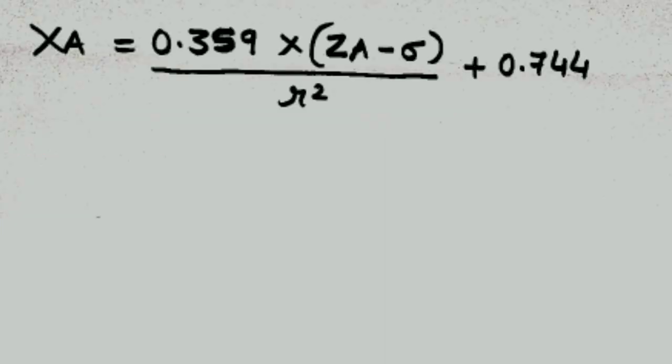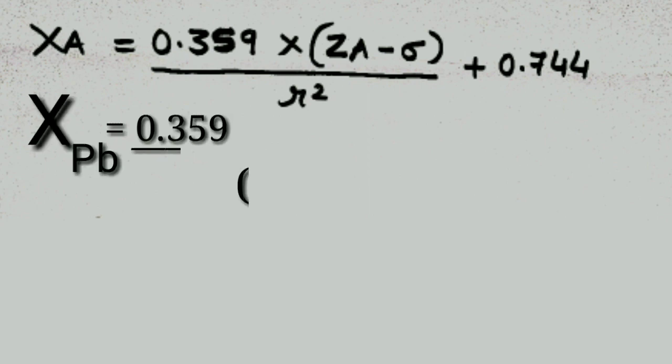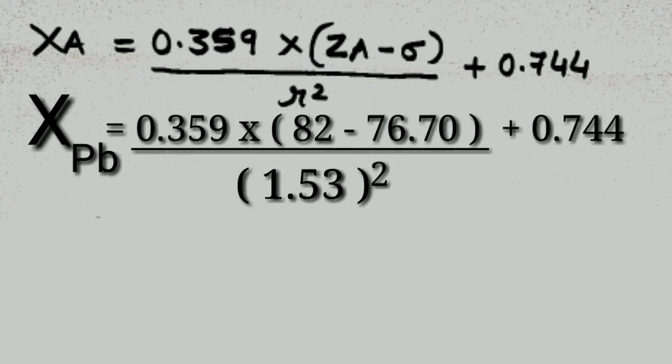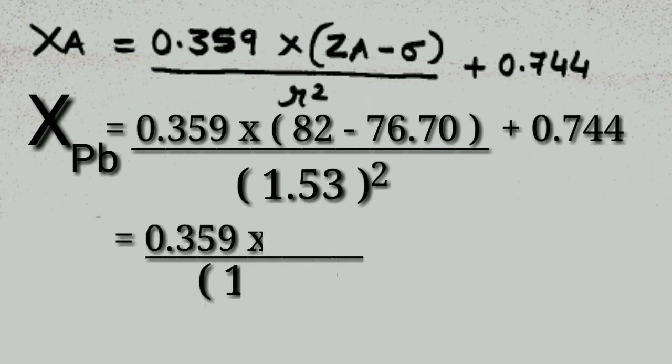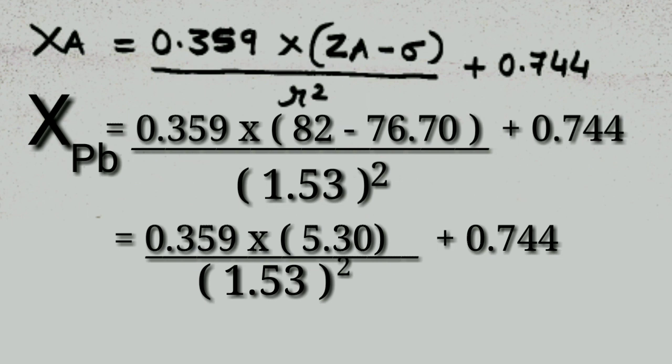Now, let us substitute the values in the given equation. So students, after substituting the values in the above equation, we get the final answer as 1.55. That indicates the electronegativity of lead comes to 1.55.